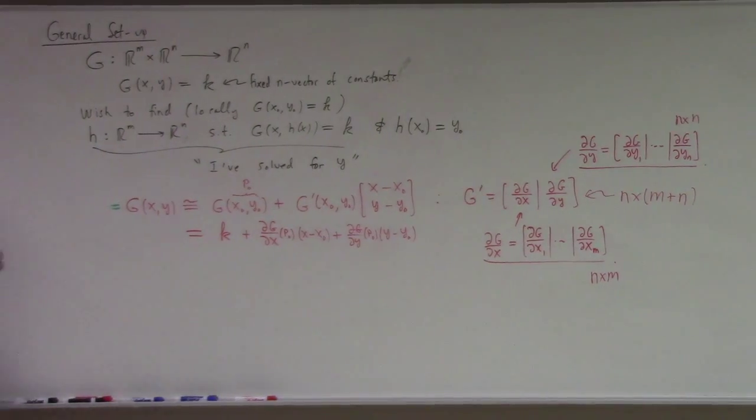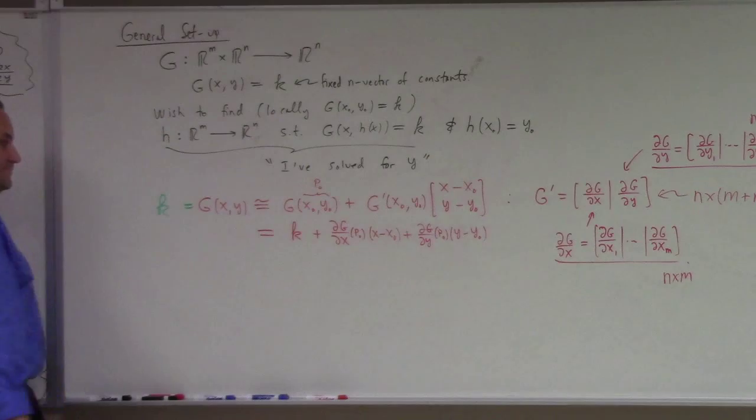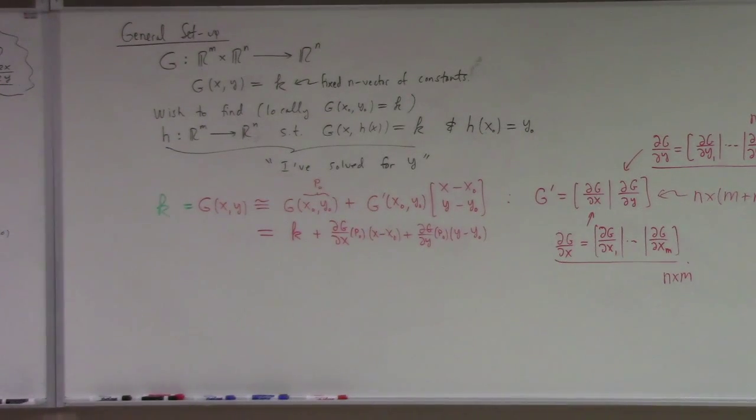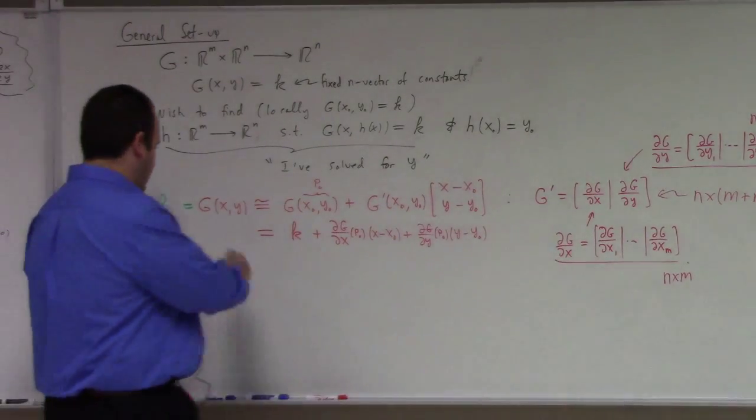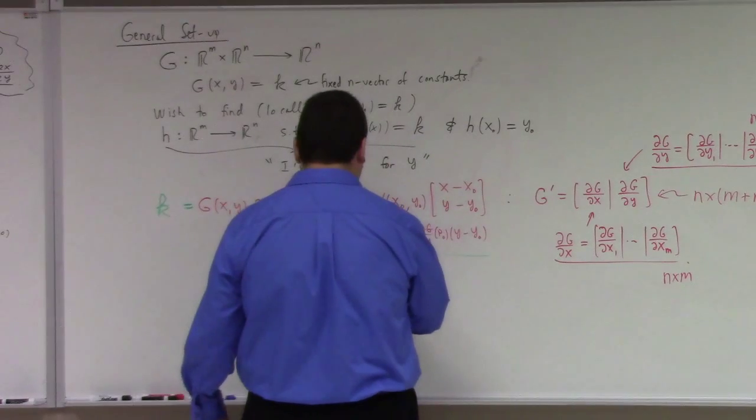It should be k, right? We're looking for a solution. So the k's cancel, right? And we're trying to solve for y as a function of x. Now you can do it. So the k's cancel, and then just solve this thing for y.